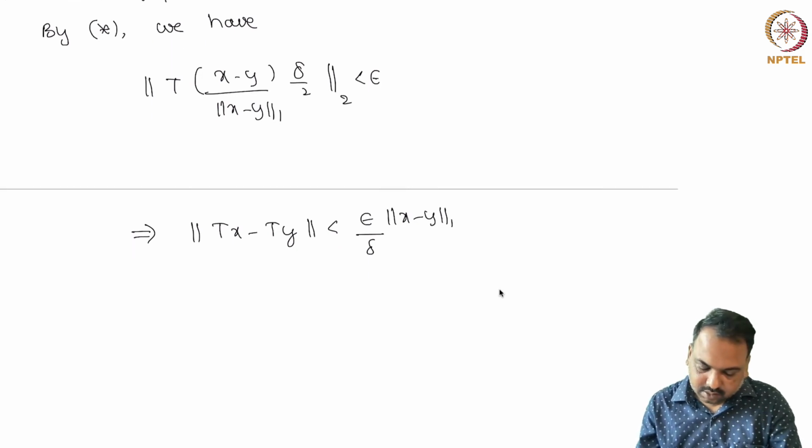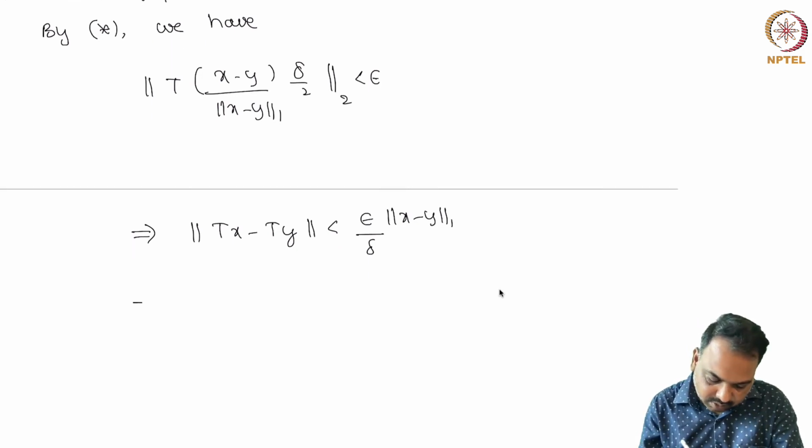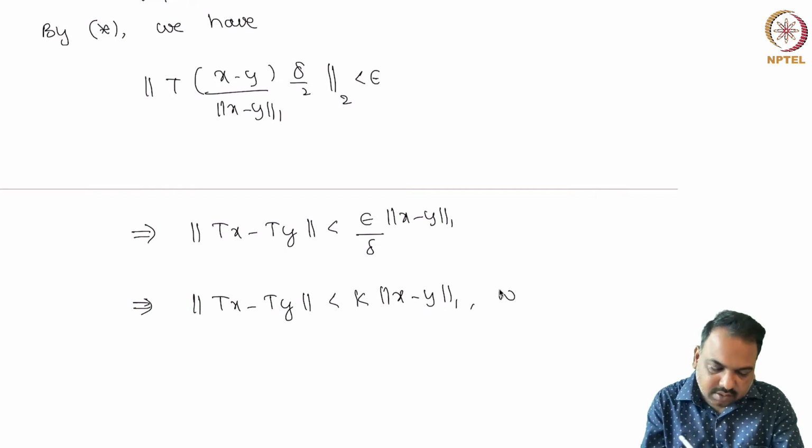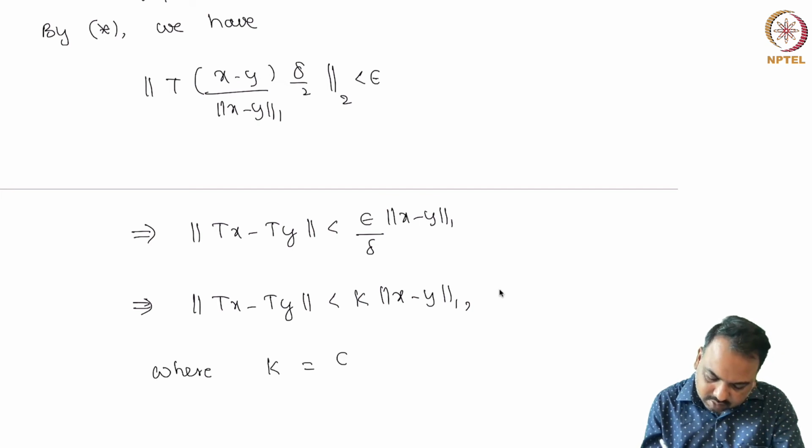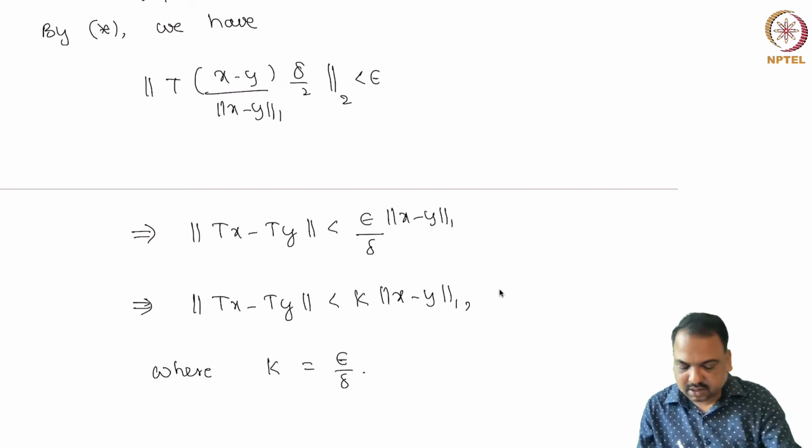Okay, so this implies norm of Tx minus Ty is less than or equal to K times norm x minus y, where K is nothing but epsilon by delta.